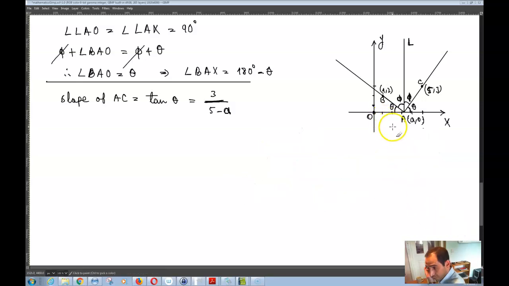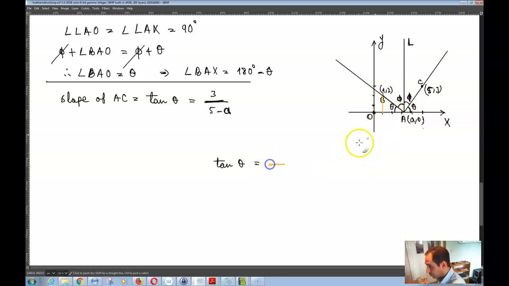Now imagine that this angle over here is also theta, and if you were to calculate tan of theta from this triangle, you would write tan of theta is equal to the height divided by this length.